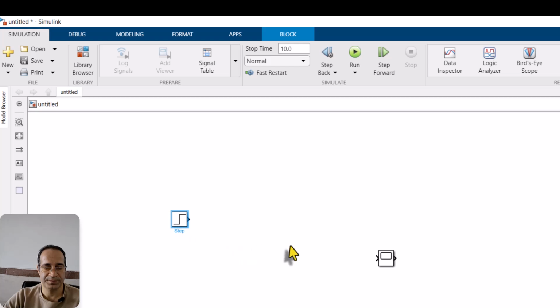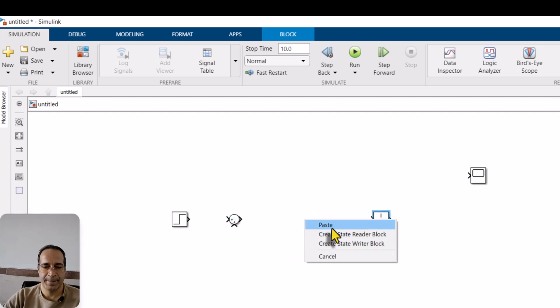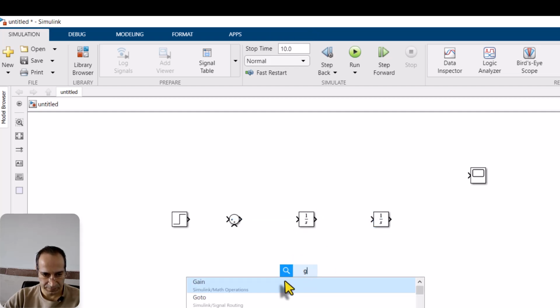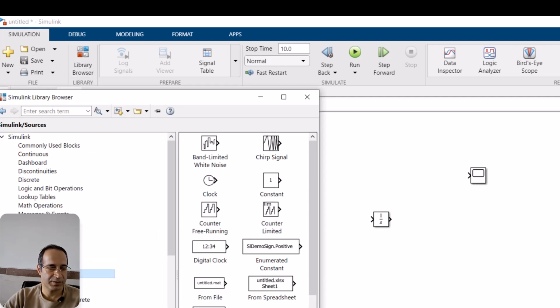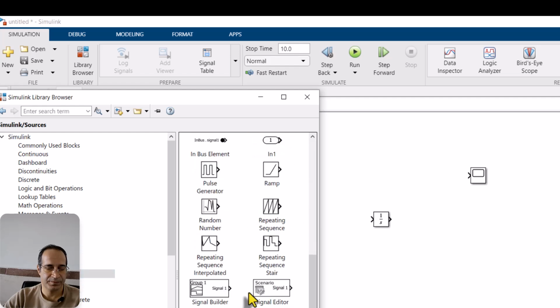The input, the scope, the plus sum, integration. Okay, I need 2 of them. And then I need gain. Gain doesn't work. Let's find gain over here.